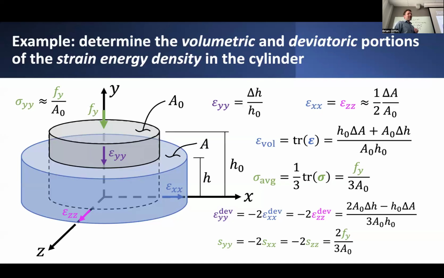All right, so now we know the components of deviatoric strain, deviatoric stress, volumetric strain, as well as the average or volumetric stress. And now remember what we discussed late last lecture, this notion of strain energy, which is a measure of how much work I have to do to deform some unit of material.